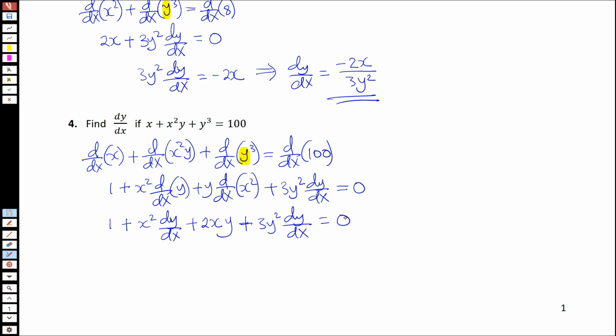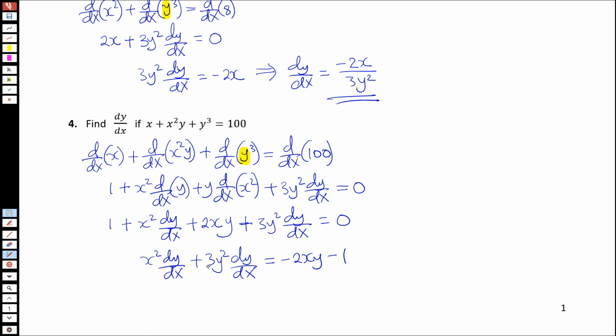Okay, now the next step is to rearrange so that we have dy over dx by itself. So the plan will be, we'll group this together and then take this to the other side. So x squared dy over dx plus 3y squared dy over dx will be equal to, sorry, that will be negative 2xy minus 1.